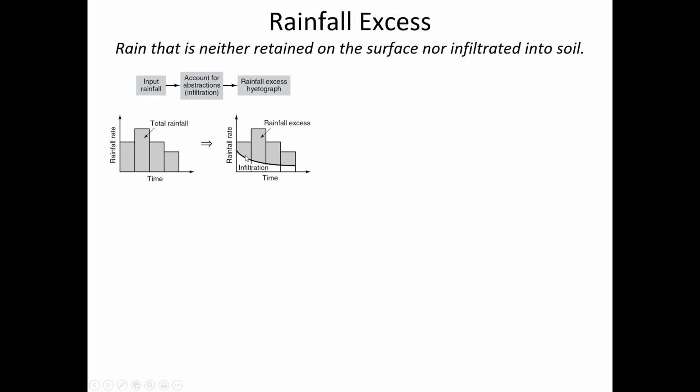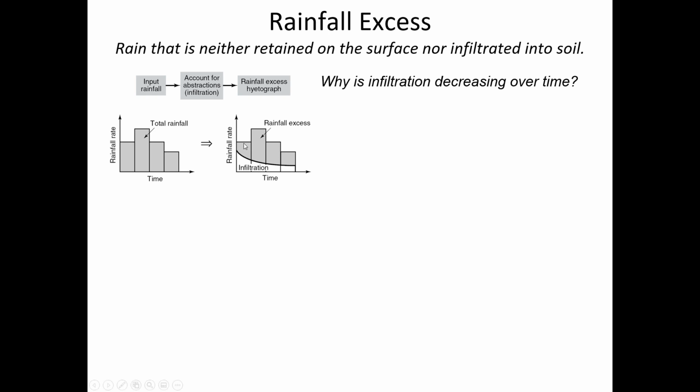It's the area above the infiltration curve that's the rainfall excess. So the rainfall excess is the water that's over and above the abstractions and infiltration. So it's what's going to cause the runoff.